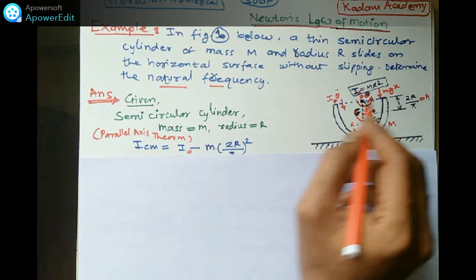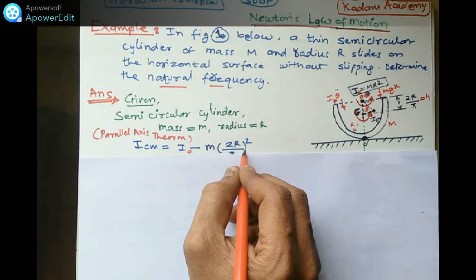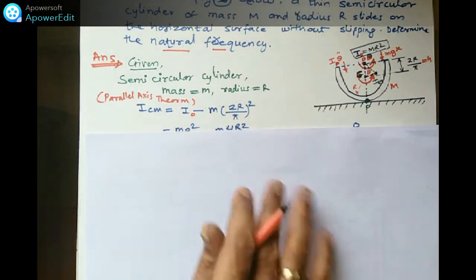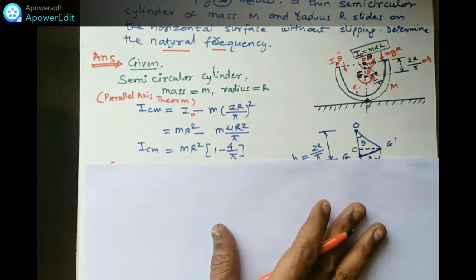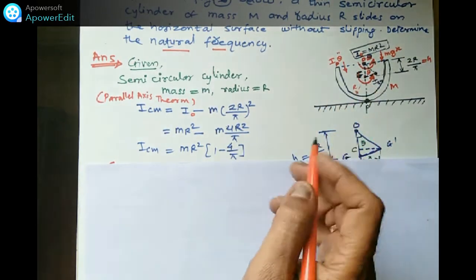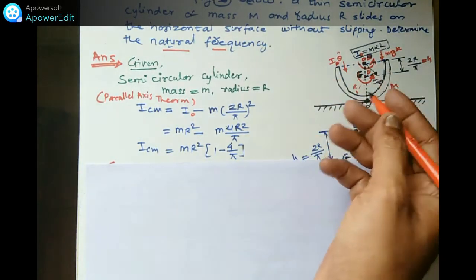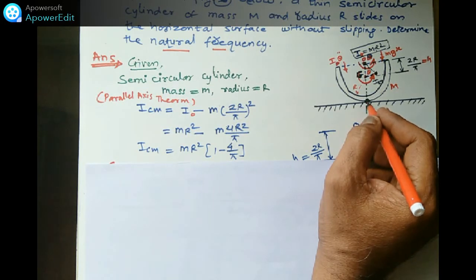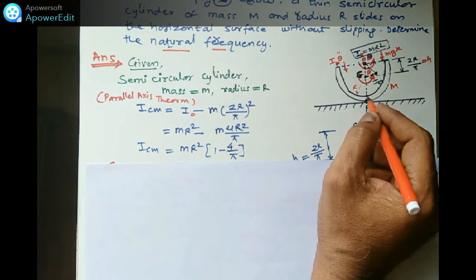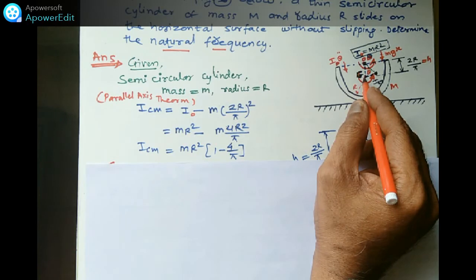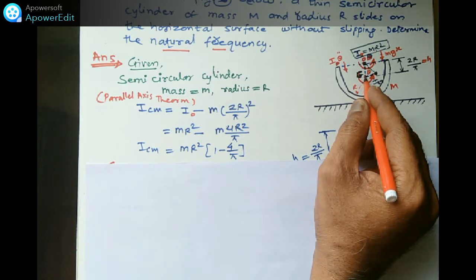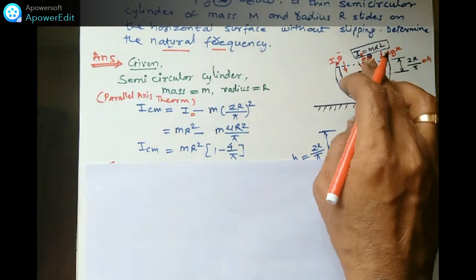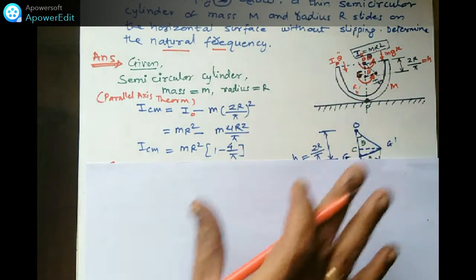In this way we can calculate this value of ICM. Once we have ICM we can calculate IP also. The mass moment of inertia at point P we can calculate by using IG plus m into this R. This we can find out, and I will show you how.